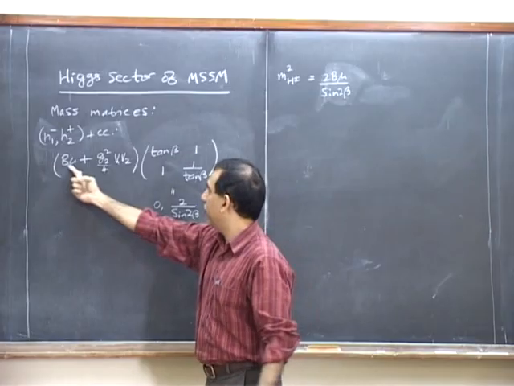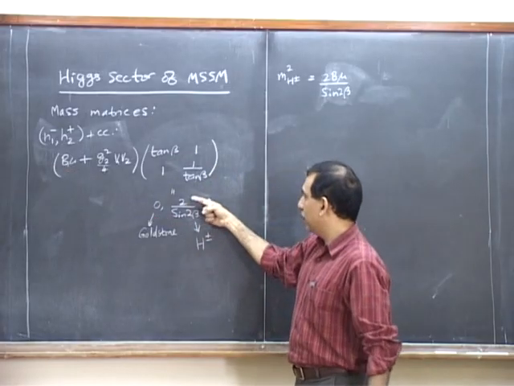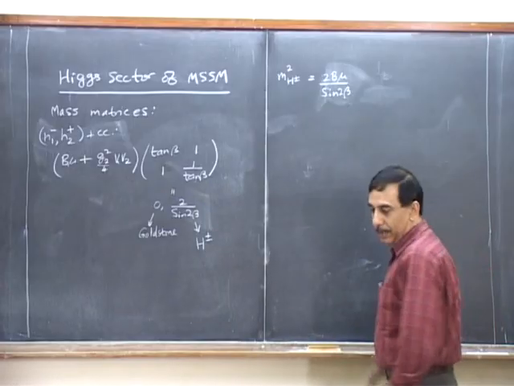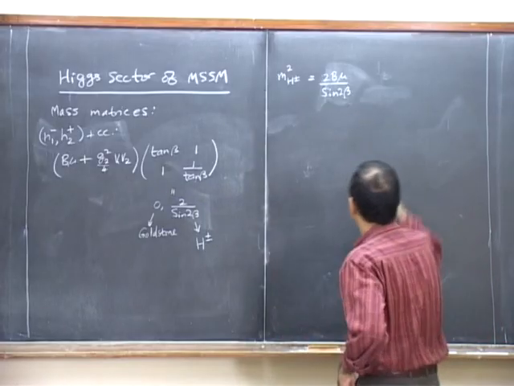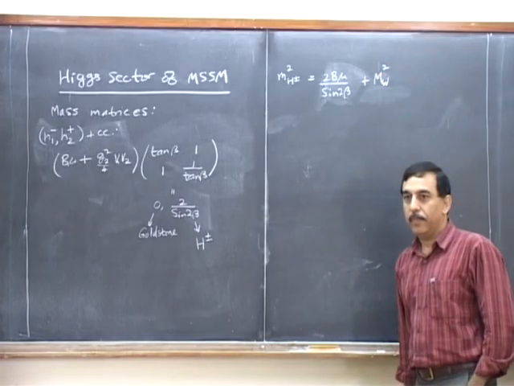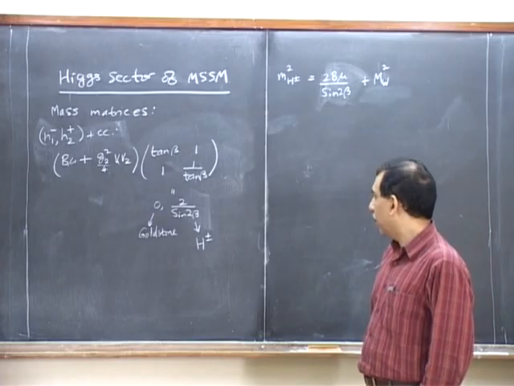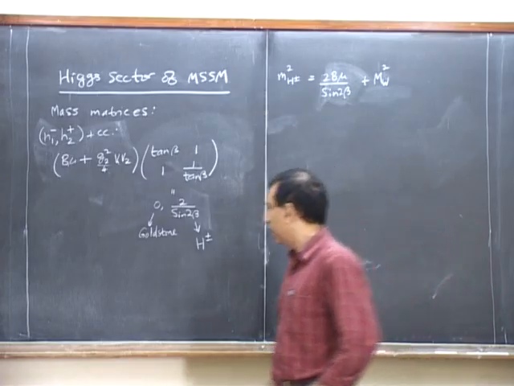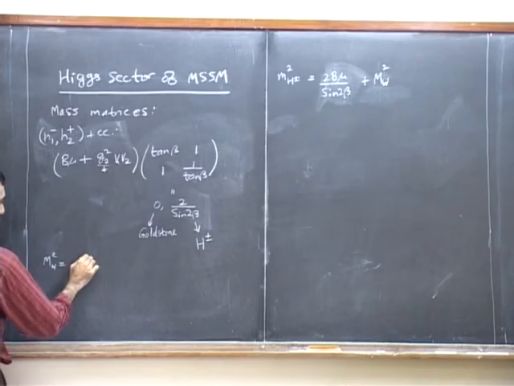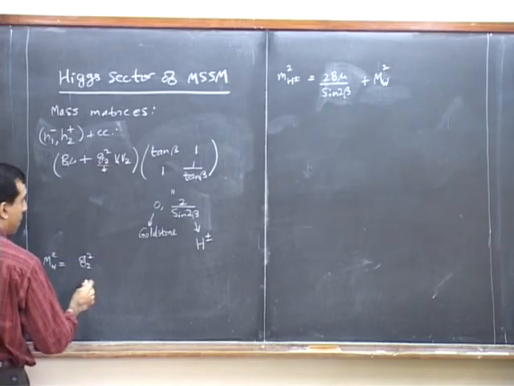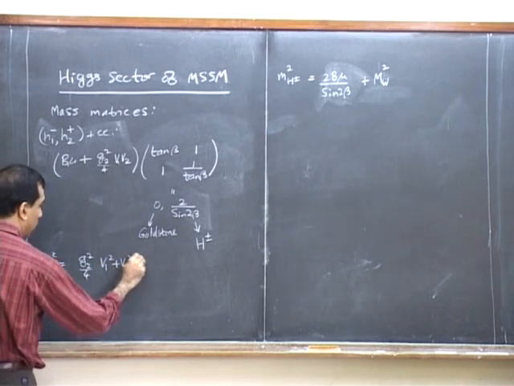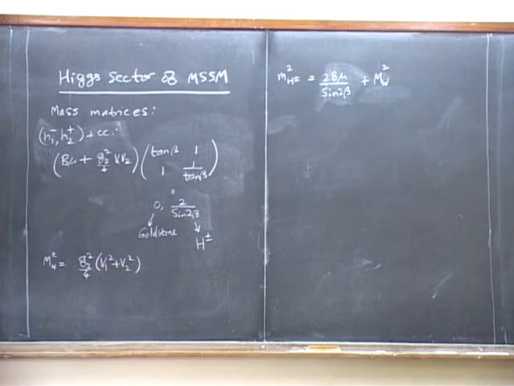That's this 2 over sine 2 beta times that. The other thing, which is 2 over sine 2 beta times this, if you work it out, you'll find that it's exactly the mass of the W squared. So this comes to mass of W squared. Okay. Mass of the W is just given by g2 squared by 4 (v1 squared plus v2 squared), I believe.